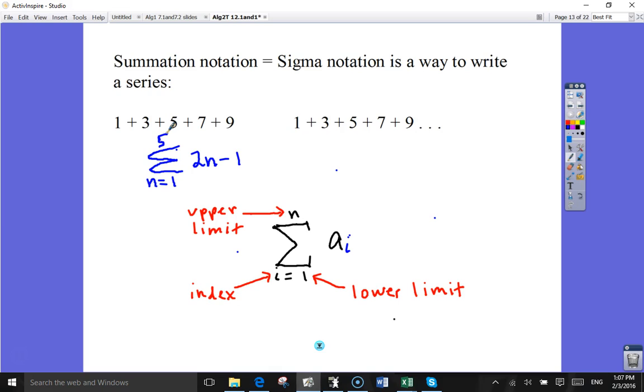How do you think it would change if it was an infinite series? What do you think is going to go on top of the sigma? The infinity symbol, right? So if I make it like this, n equals 1 to infinity of 2n minus 1. There you go.